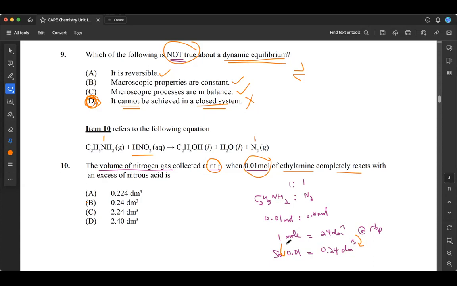So 1 mole occupies 24 dm cubed, but we only have 0.01 moles, so that will occupy 0.24 dm cubed. It's just a ratio here, right? And so our answer is B, okay? That's the volume of nitrogen gas that would be collected. All right, so 10 is B.